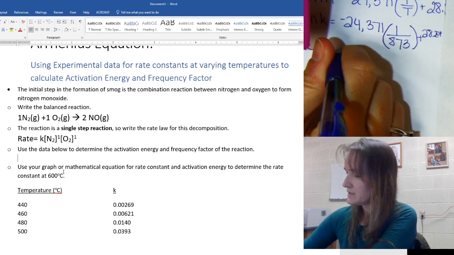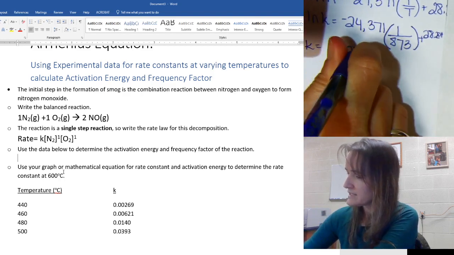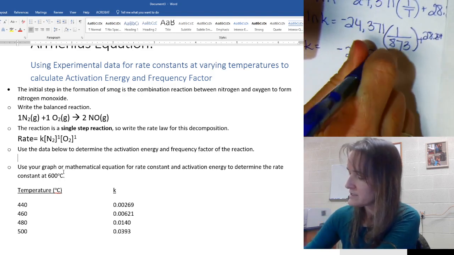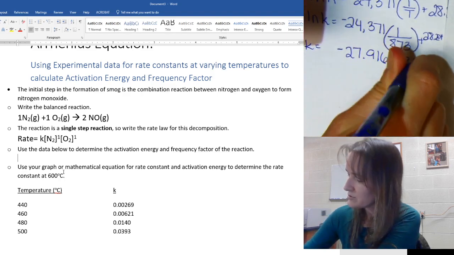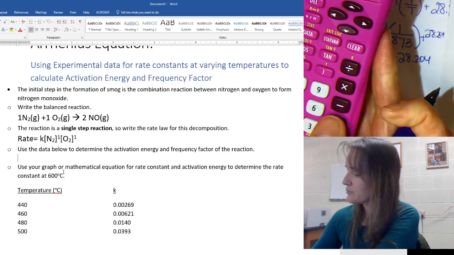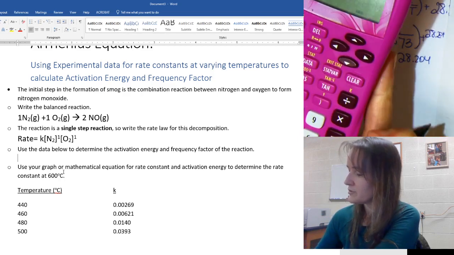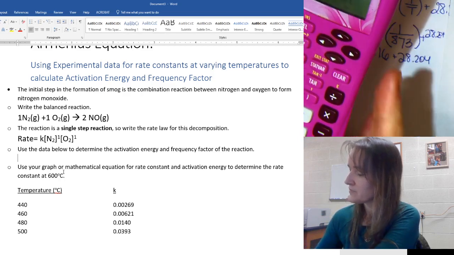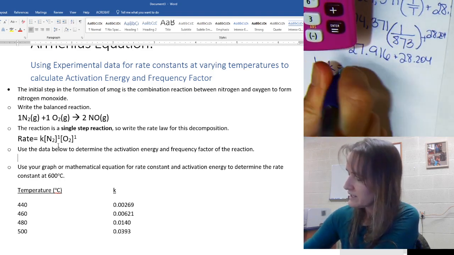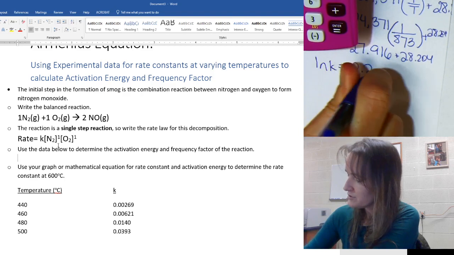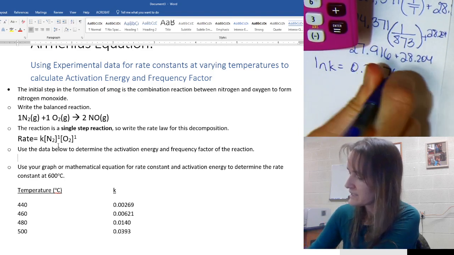So that would be negative 27.916 plus 28.204. And so the natural log of k is 0.2876.